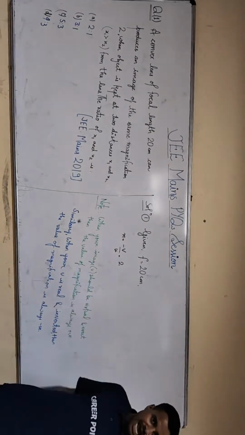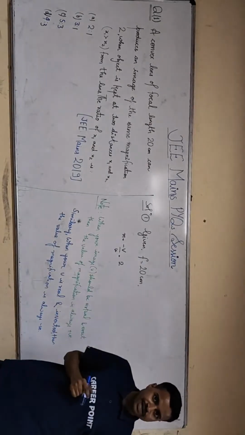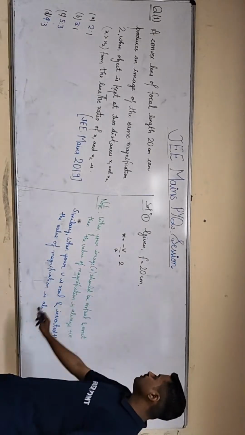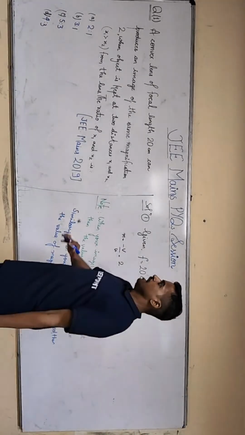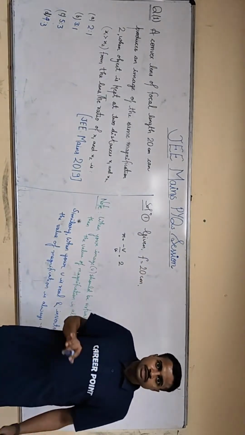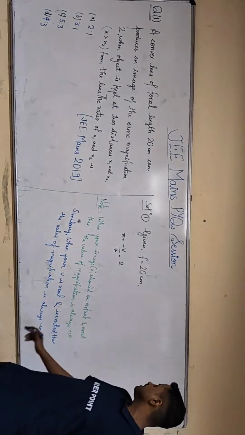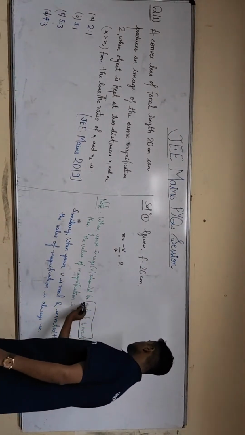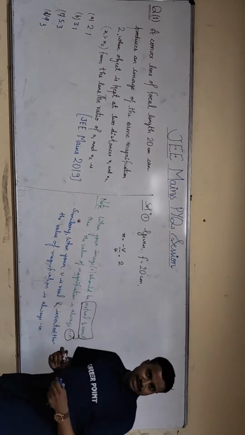These two notes are very helpful before solving this question, because this question entirely depends on the value of magnification. Let me repeat it. When the image is virtual and erect, the magnification is treated with a positive sign.